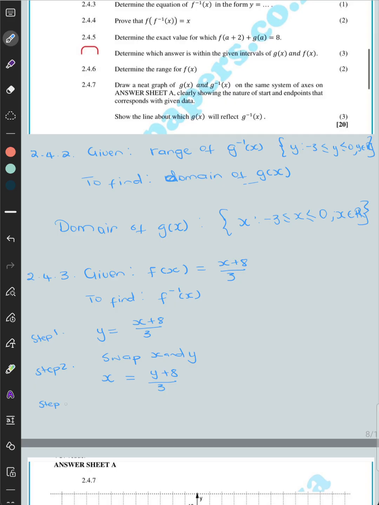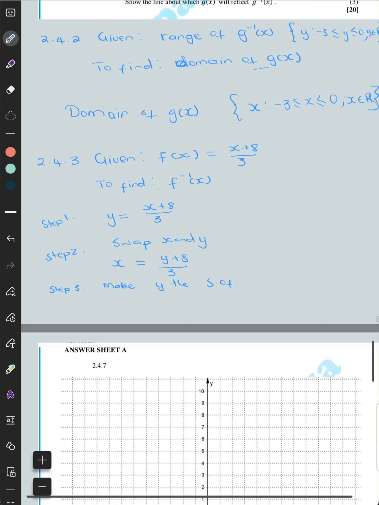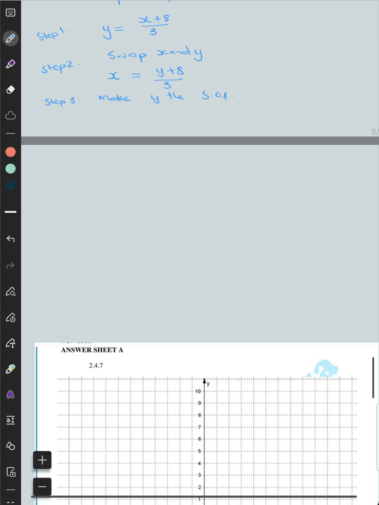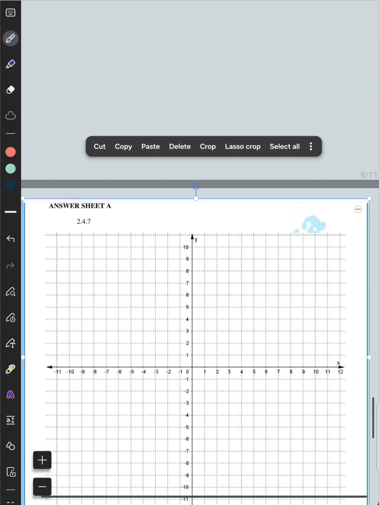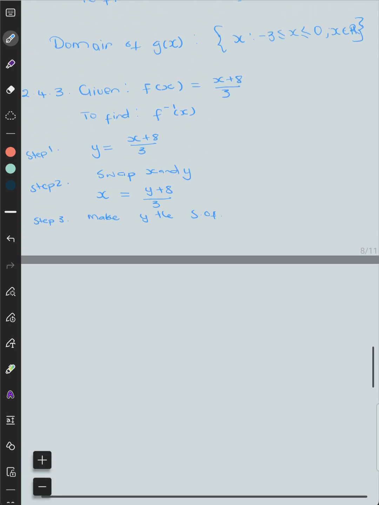Step 3 is make y the subject of the formula. Always, that no change. Beautiful stuff. Okay, let's do that.